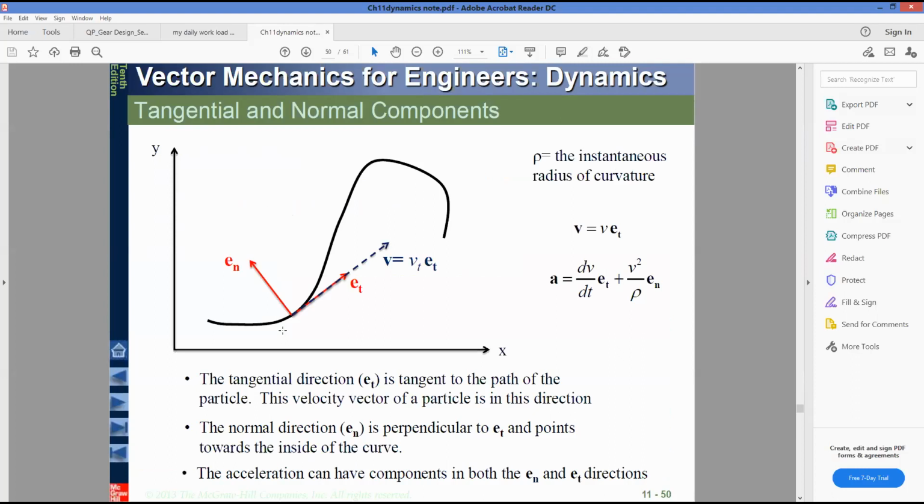See, here two things are there. In the curvilinear motion, we can divide into two components, one is the tangential component, and one is the normal component.